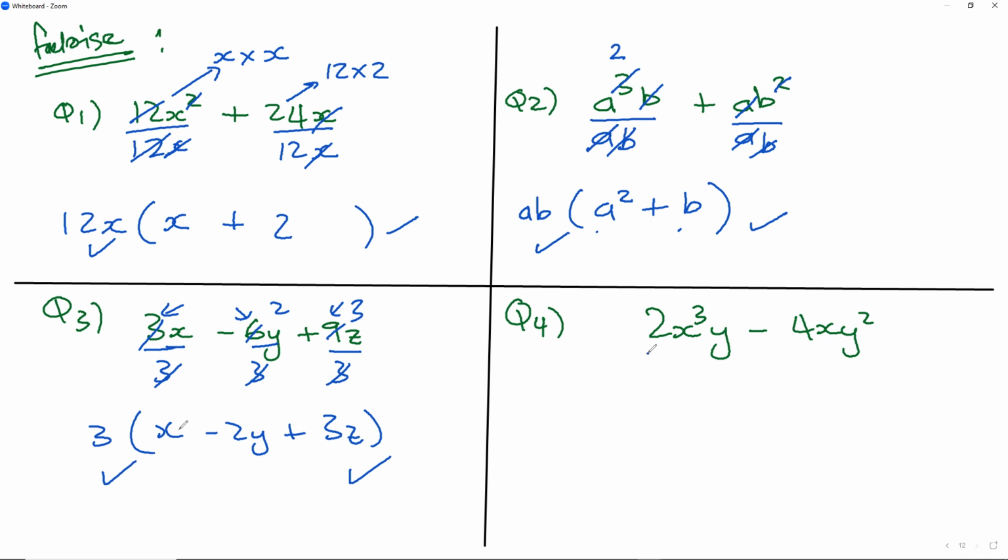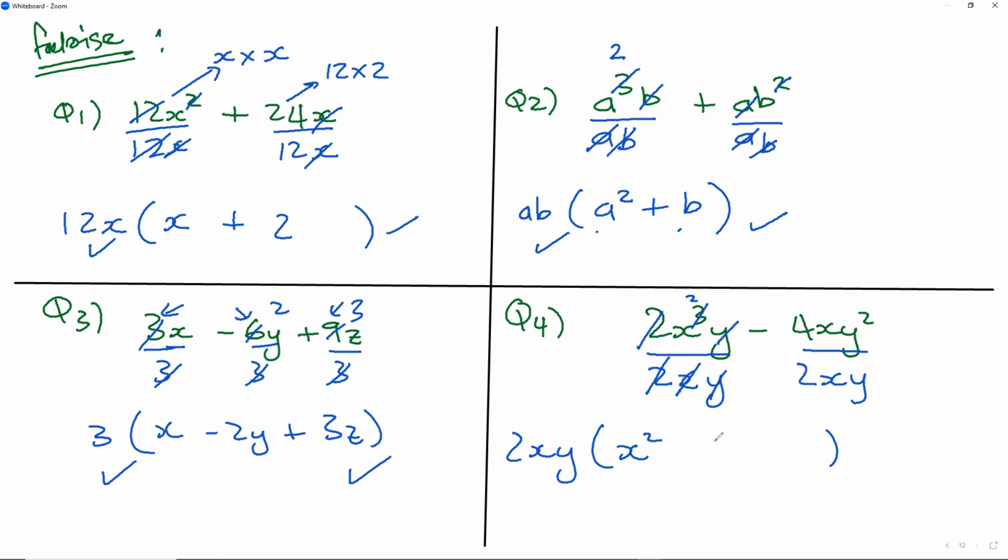And for the next one, dividing both sides by 2, looking at the highest common factor, highest number, and lowest power. X is the lowest power, and y, power 1 is the lowest power, which is y. So 2xy goes on the outside of the bracket, canceling out the 2's. X goes into x cubed twice, so this is going to be x squared.